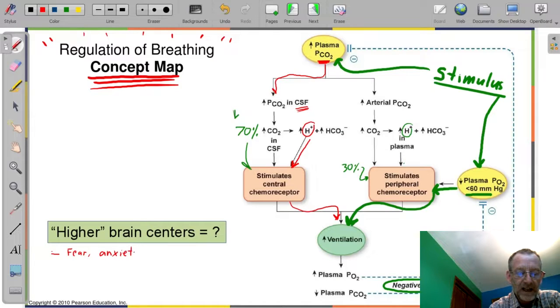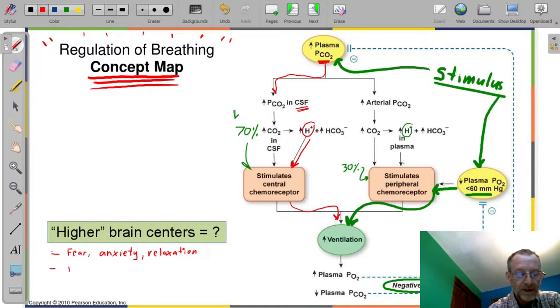Some people with anxiety have sort of a breathing, an anxiety attack. They start to hyperventilate. On the flip side, relaxation, calm, deep breathing. You can voluntarily affect your breathing rate.